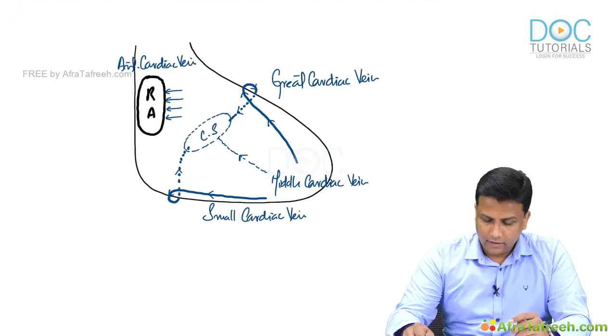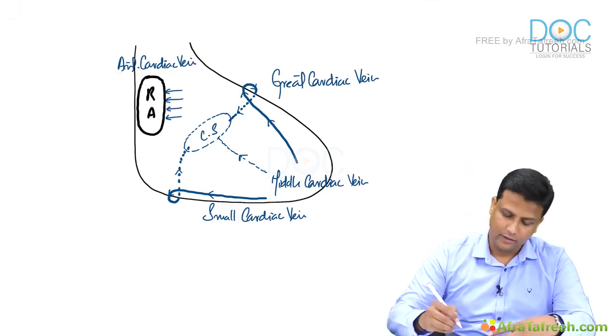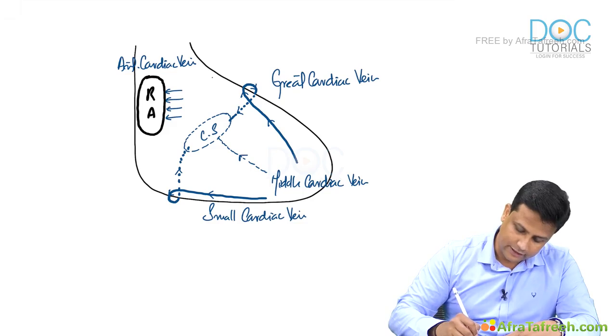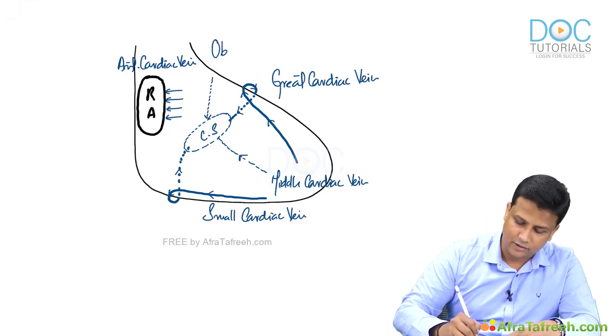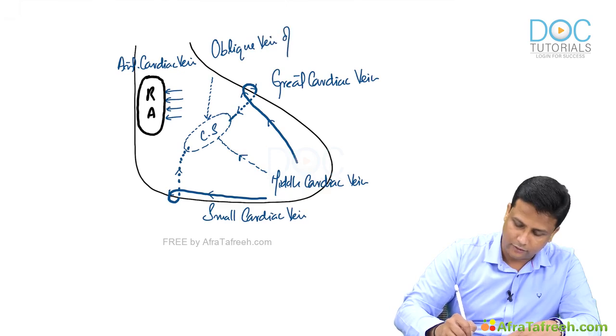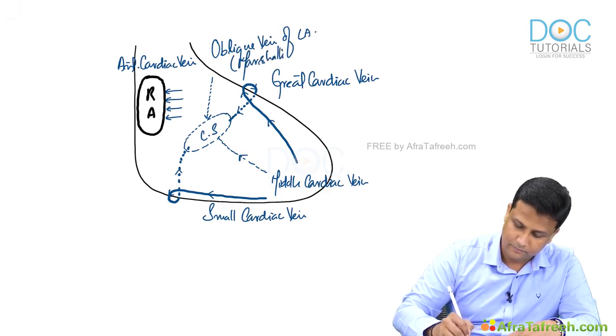Anterior cardiac veins. Now apart from this, I want you all to add 2 more veins over here. Number 1, there will be one vein which is directly coming from your left atrium, and this is actually known as the oblique vein of the left atrium, which is very famously also known as Marshall's vein, guys.